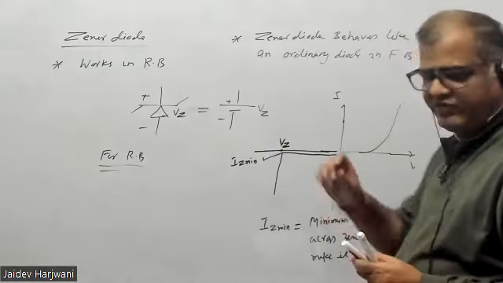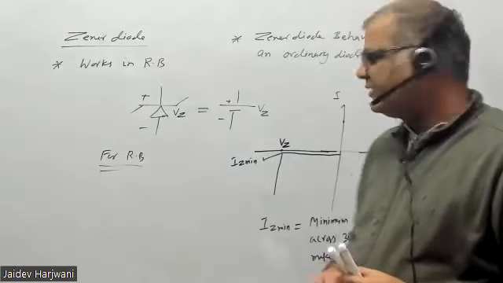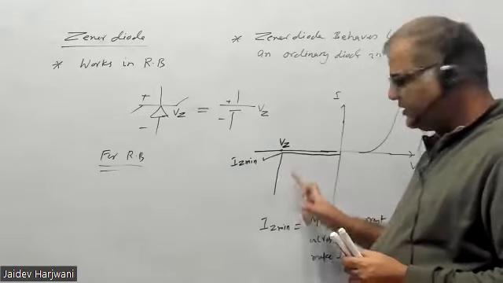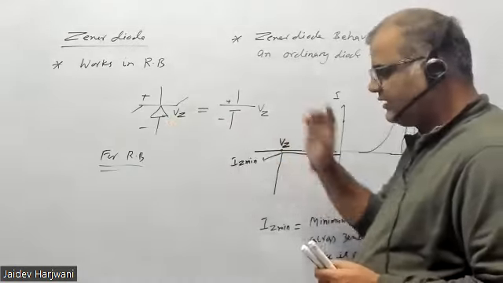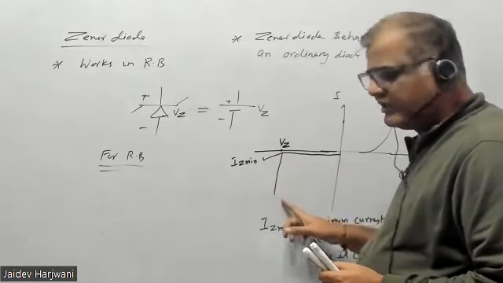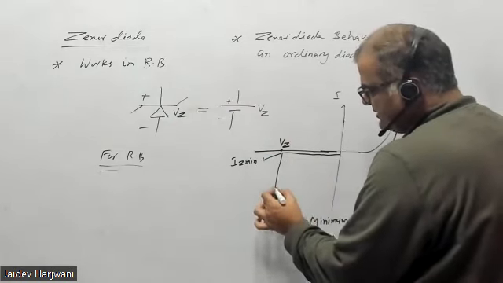Now, if you keep on changing the voltage across the Zener diode, what will happen? The voltage will become constant. You can see the IV characteristic. The voltage is not changing, so the diode voltage will be VZ, but the current can keep on increasing, and at max we can go up to IZ max.